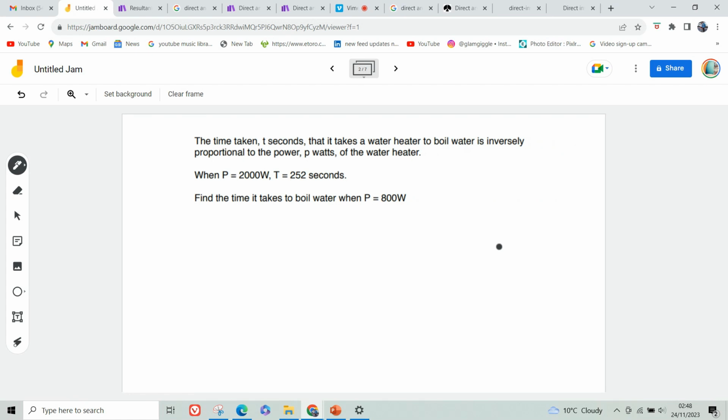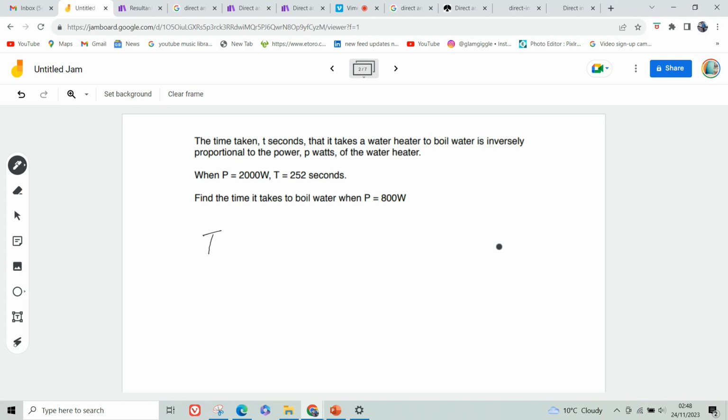Right, so the question says that the time taken, T seconds, that it takes a water heater to boil water is inversely proportional to the power of the heater. So let's take the first condition.